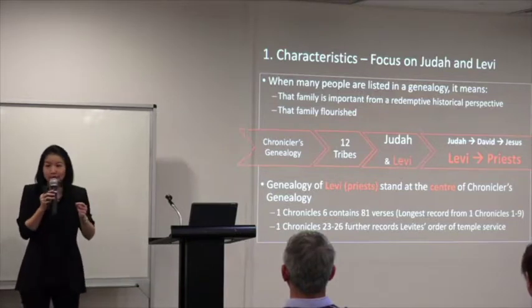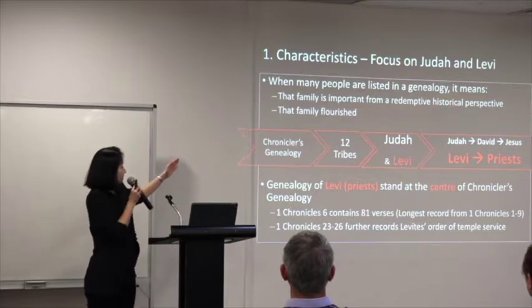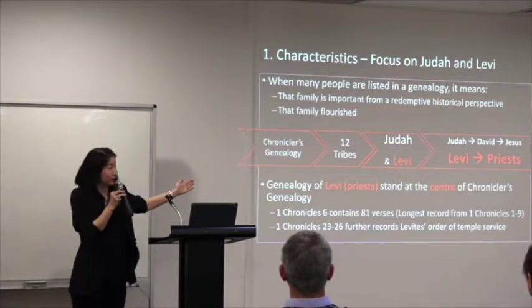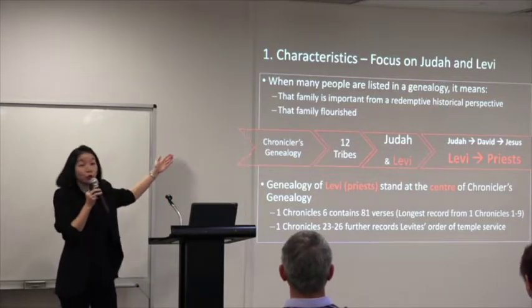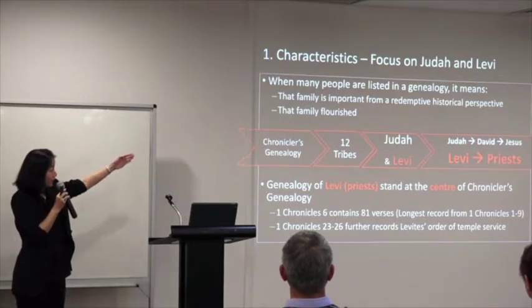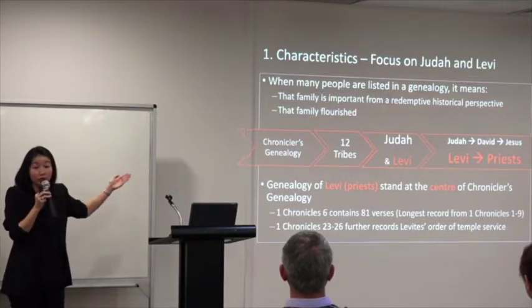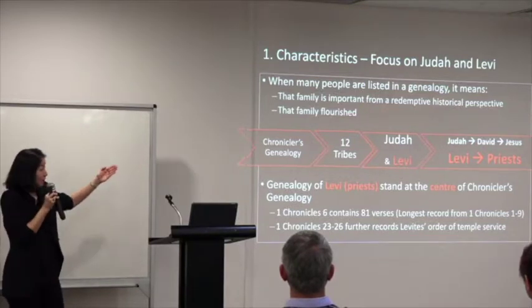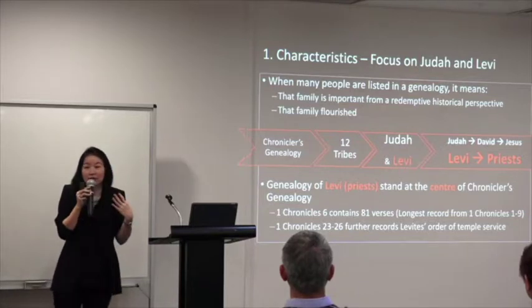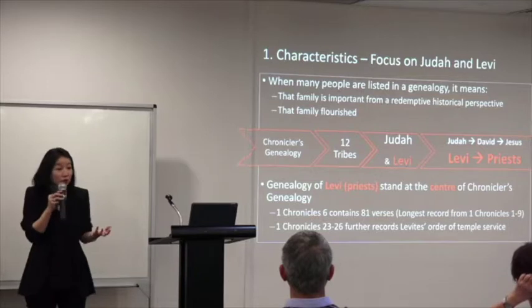There is a focus. And then, if you look at the Chronicles genealogy, it talks about all Israel, 12 tribes. And then it goes to focus on 2 tribes, Judah and the Levites. And then from Judah, it leads to Christ. This is the bloodline, the lineage that leads to Jesus Christ. But then, the Levites are the people who carry out God's temple worship, right?